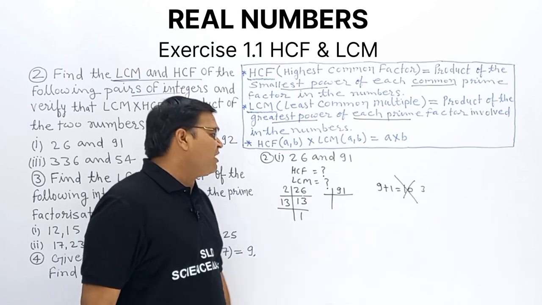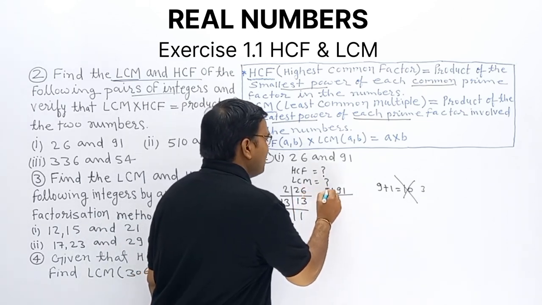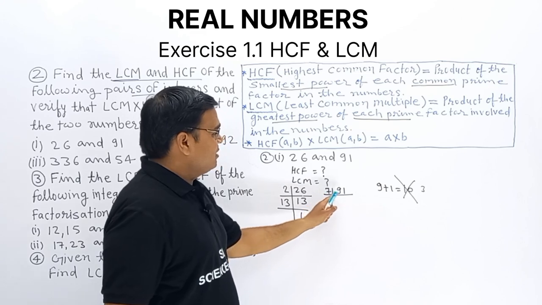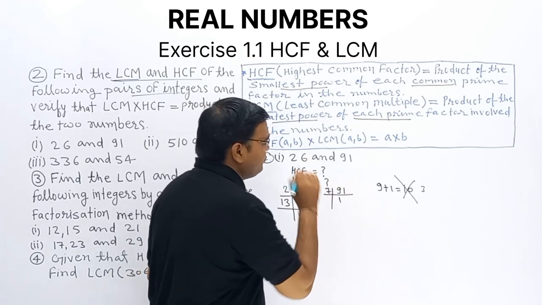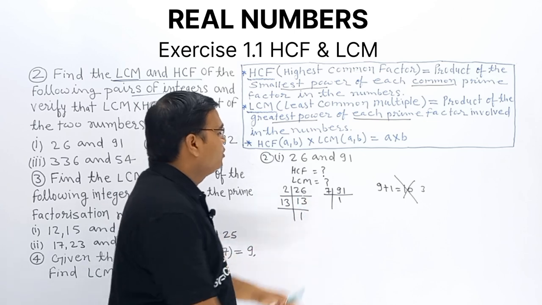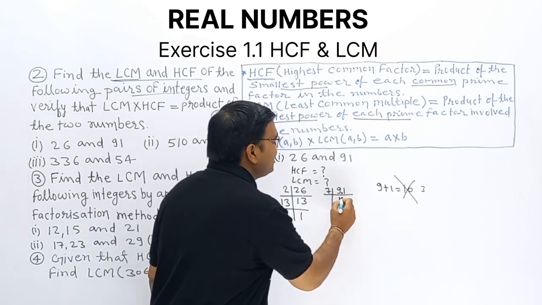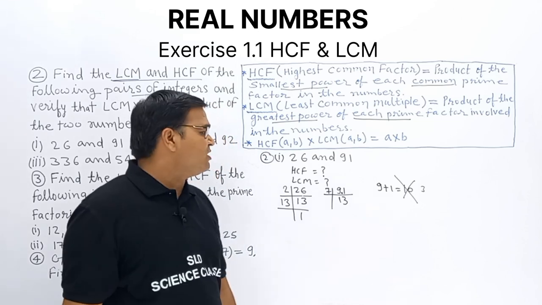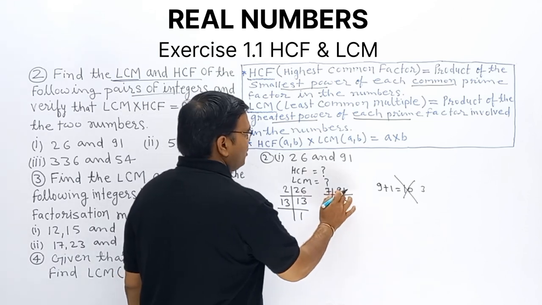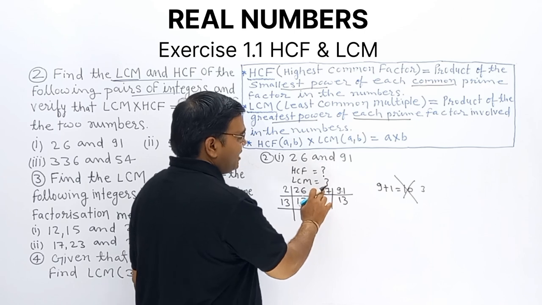Now the next prime number is 7. Can we divide this number by 7? Try. Now I am dividing by 7. How many times does it go? 1 time. Remaining 2. 8, 9. 9 minus 7, 2. 21. Yes, we can divide. 21. How many times? 7 times 3 is 21. So now 91 is divided first by 7.